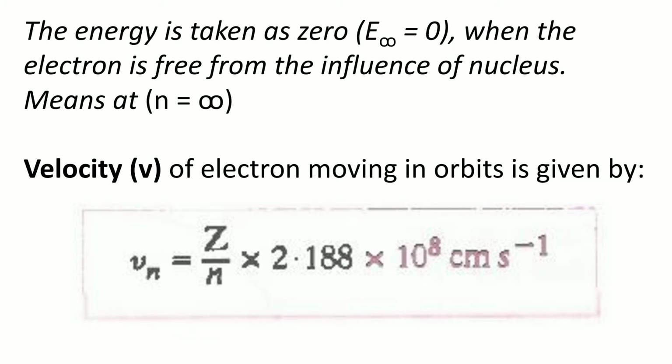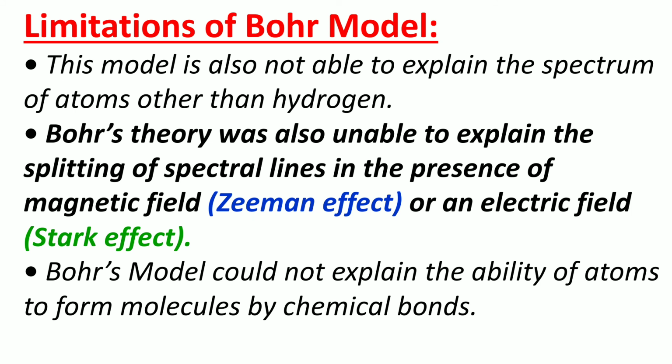So when the electron is moving out of the influence of the nucleus, the n value will be infinite. The velocity of the electron moving in orbits is given by this expression for calculating the velocity of the electron in the nth shell, and it also depends upon the atomic number and the position of the electron in the shell, that means its principal quantum number.